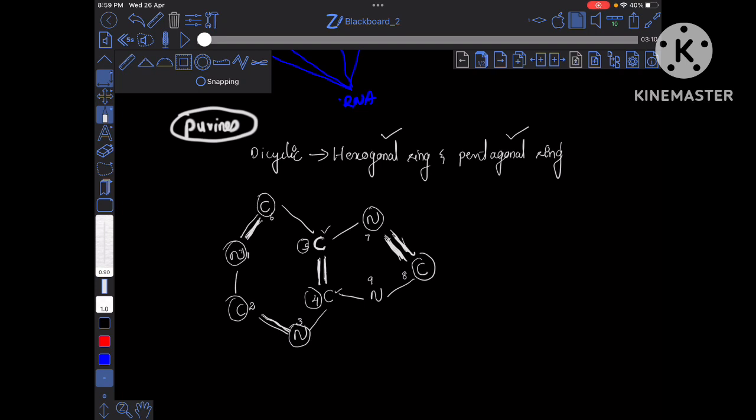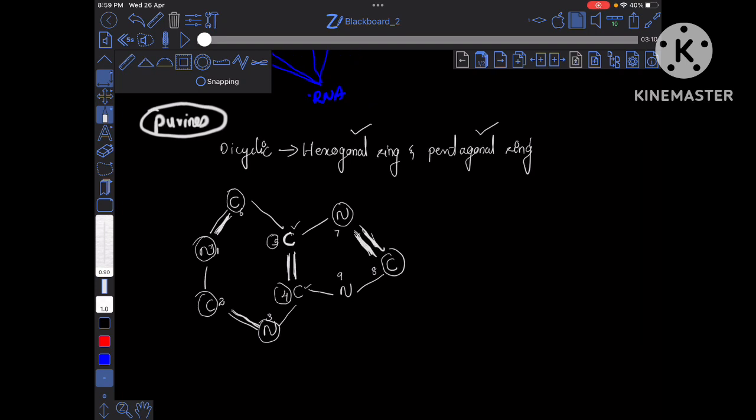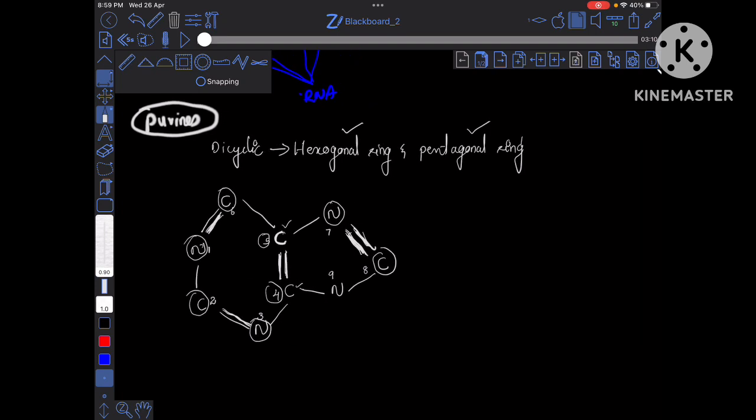Keep this in mind and start drawing the two different types of purines. First adenine, then I will draw guanine.